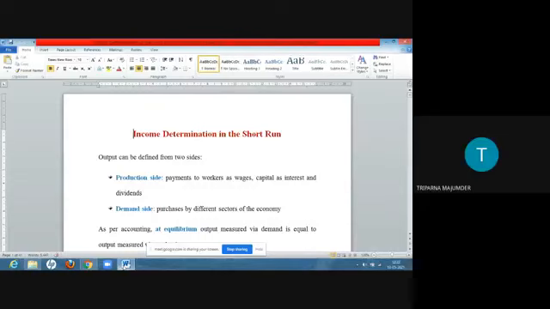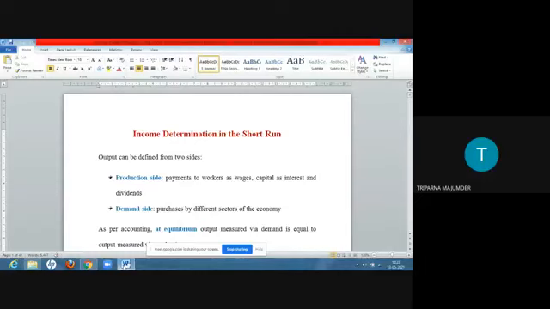This is a topic in the core course 3 of your honors syllabus. So this is the second unit of your core course 3. The entire unit is named Income Determination in the Short Run, the simple Keynesian model in a closed economy.